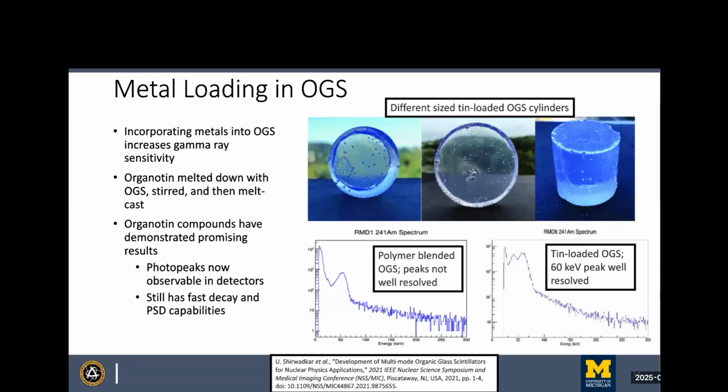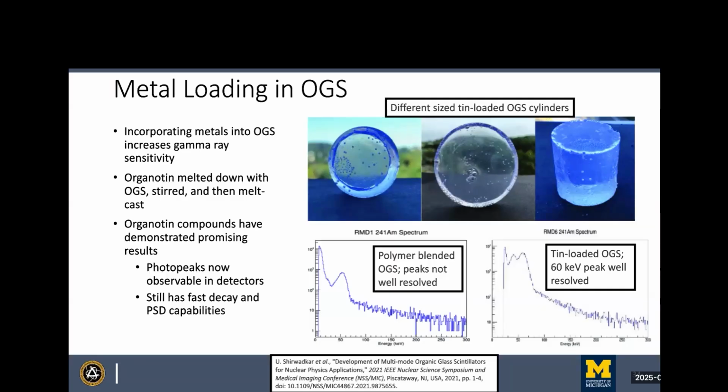The organotin is mechanically mixed with OGS at RMD, and then we melt all of that down and melt cast it right here, on top of the melt casting that RMD does, which you can see in the picture on the top.